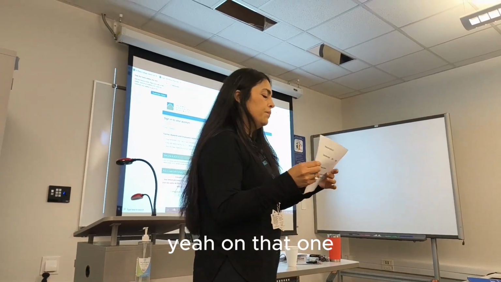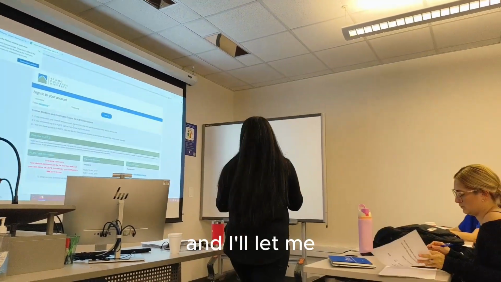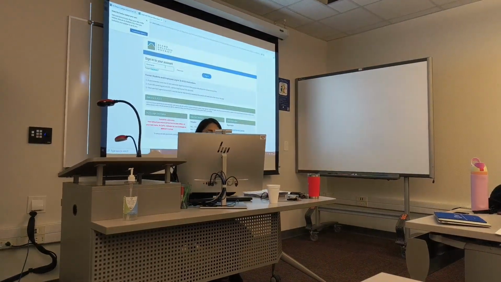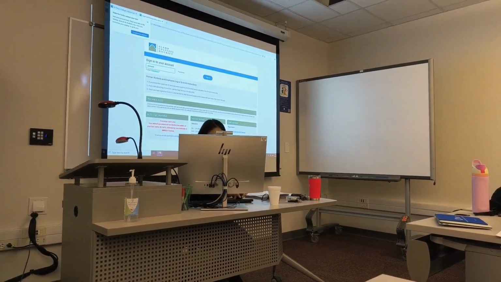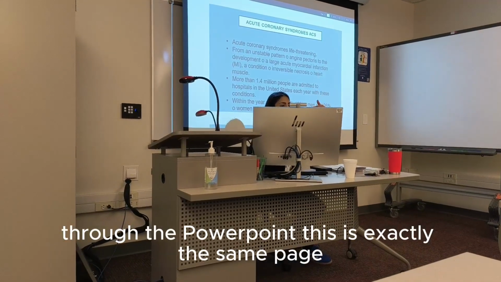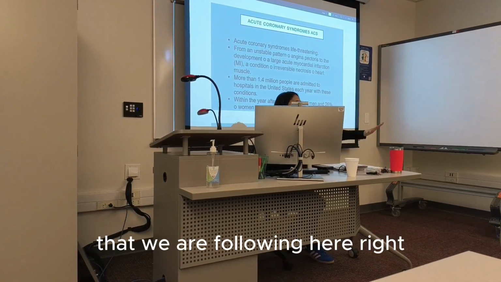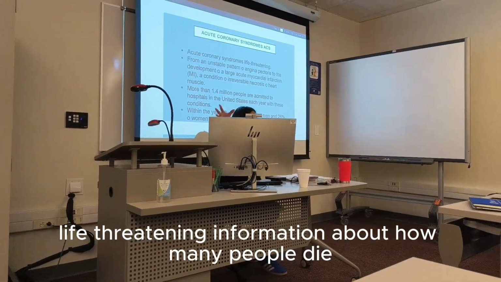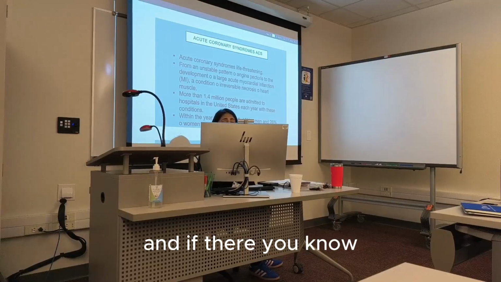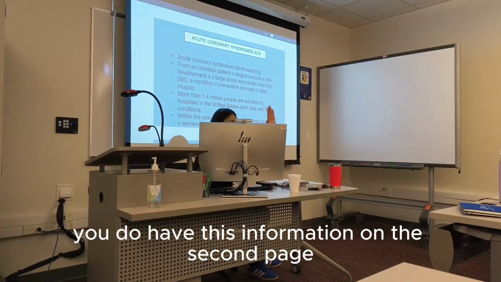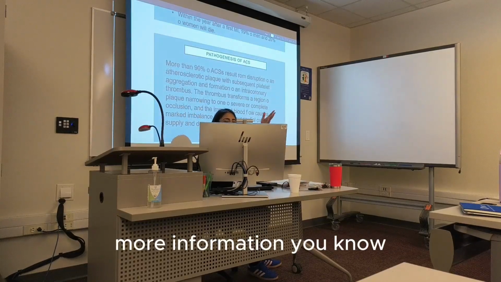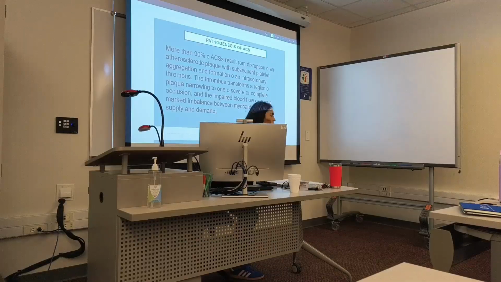Yeah, on that one. Let me pull my PowerPoint, because that's what makes sense. Go through the PowerPoint. This is exactly the same pace that we're following here, right? Life-threatening, information about how many people die, and you do have this information on the second page. More information, this is exactly what happens.